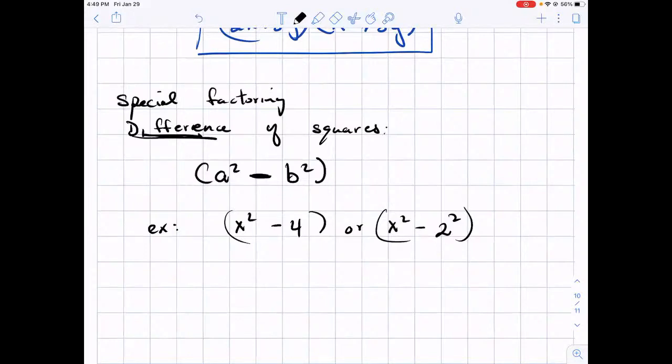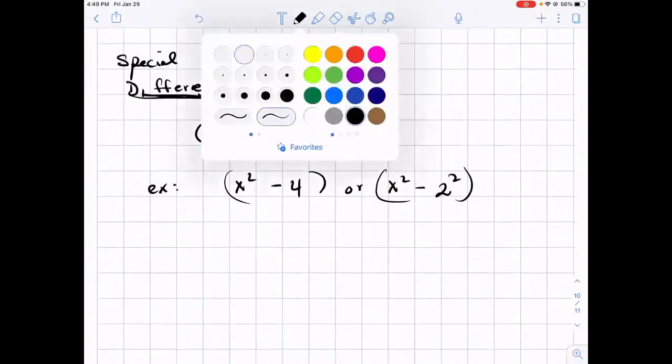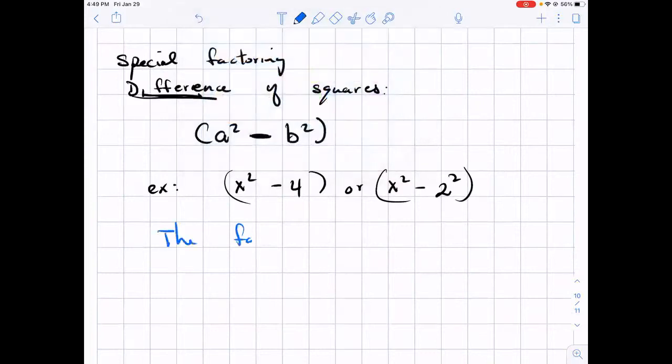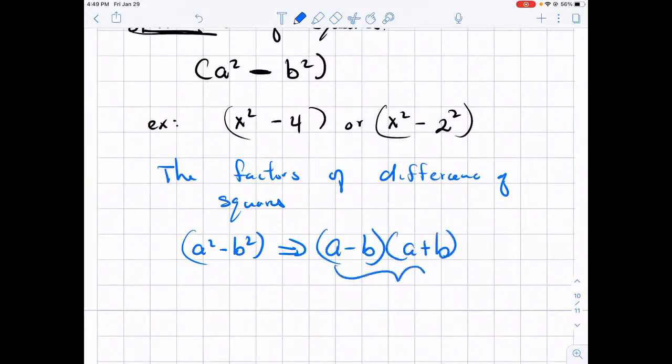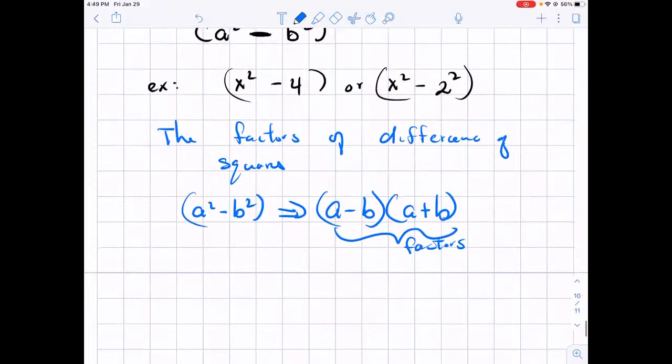Whenever you factor difference of squares, a squared minus b squared, the factors are a minus b times a plus b. These are called your factors.